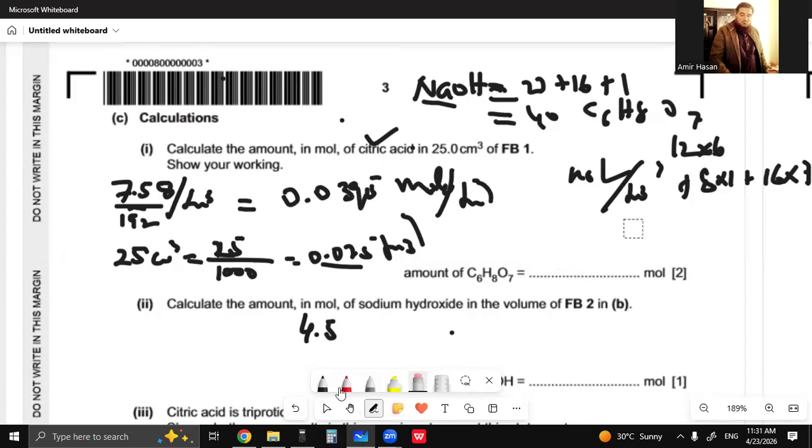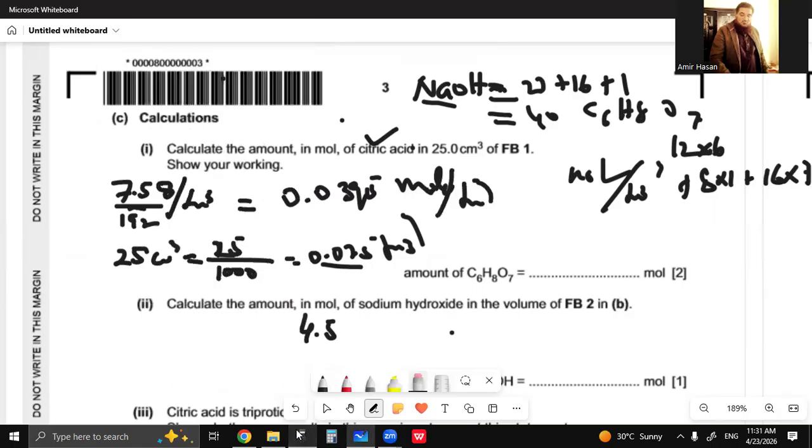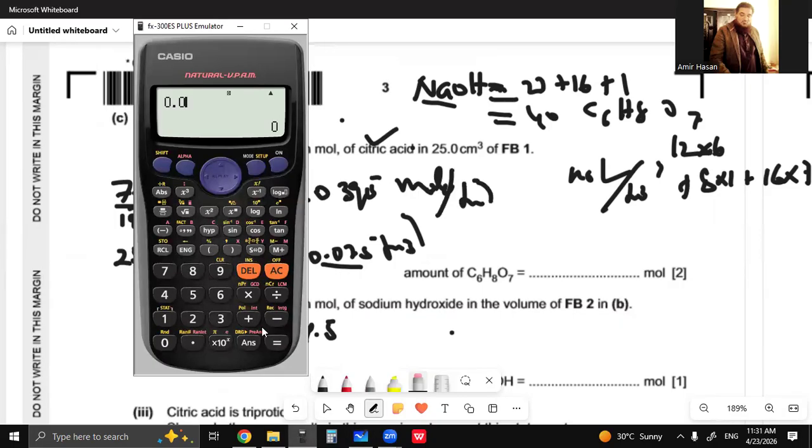Now check what is coming when we multiply. 0.025 multiplied by 0.0395. 0.0395 is the concentration and 0.025 is the volume.